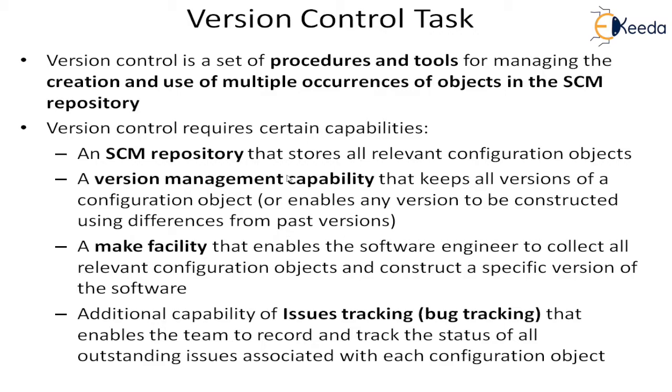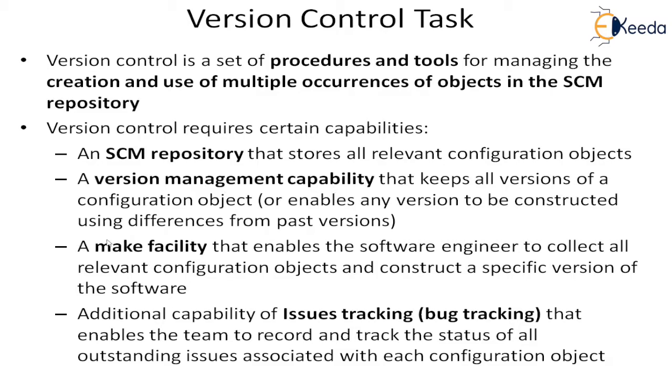Initially it will keep the initial version of all the configuration objects, and whenever there is a change that is different from the previous version, it will create a new version. That is the version management capability.